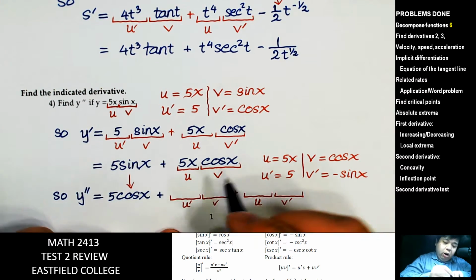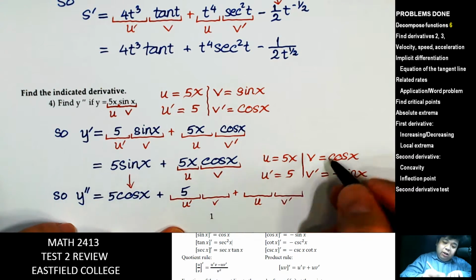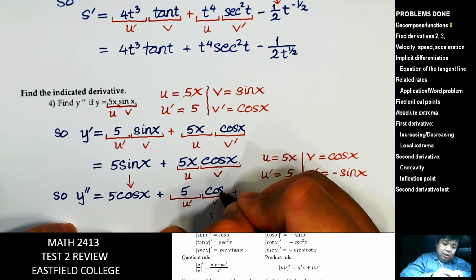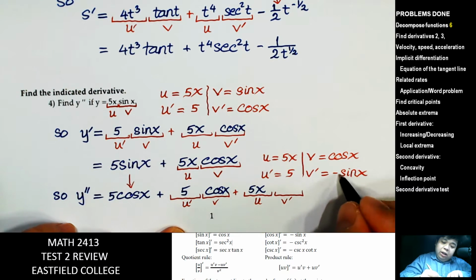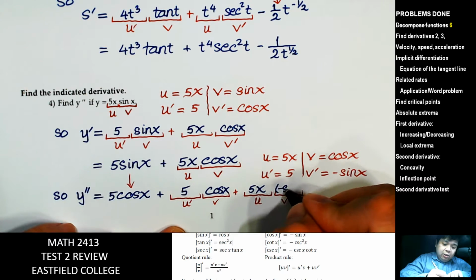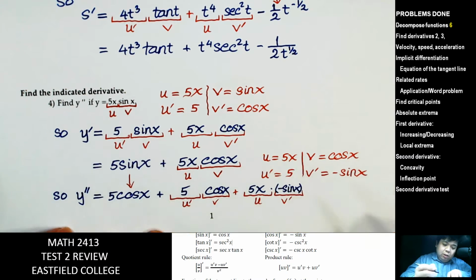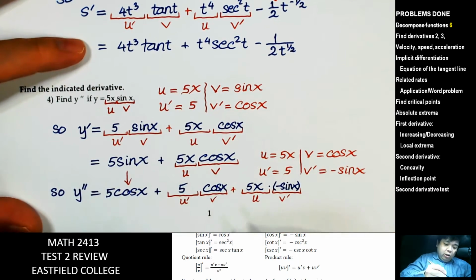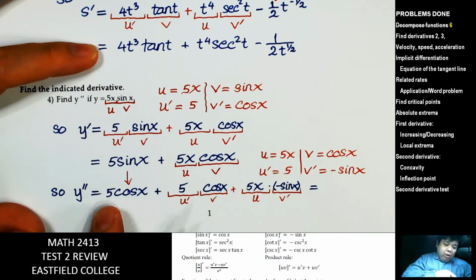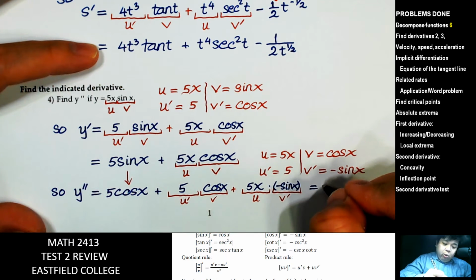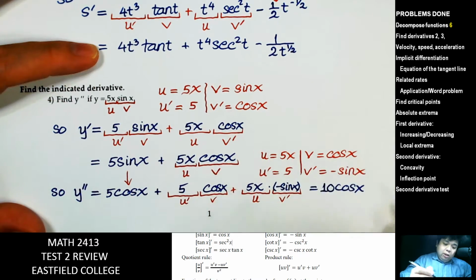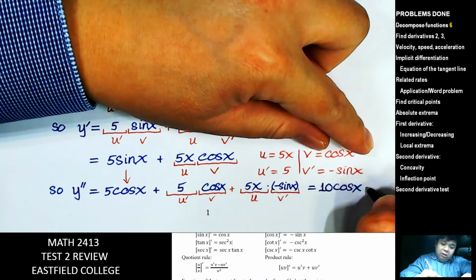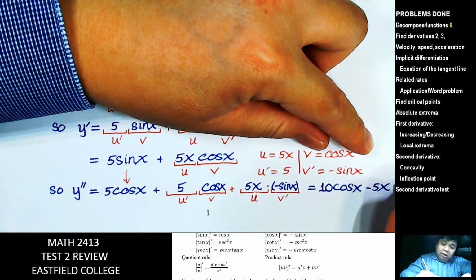So u prime 5 cosine x, u 5x, v prime negative sine x. And put this together, we will have 5 cosine x and another 5 cosine x. Well, we'll make it 10 cosine x. And then minus 5x sine x.